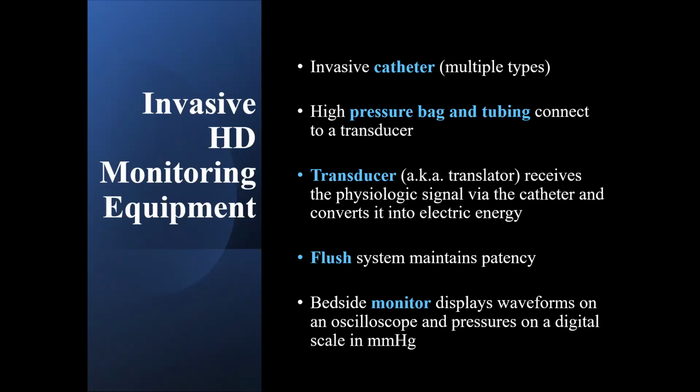I don't know if upstairs was in the brachial as well, brachial or radial. So that's going to be our invasive catheter. Next, high pressure bag and tubing. This is special tubing. I said you needed to touch it to feel it. It's very, very hard because it has to withstand the pressure that's in that vessel. So it's very rigid, high pressurized tubing.